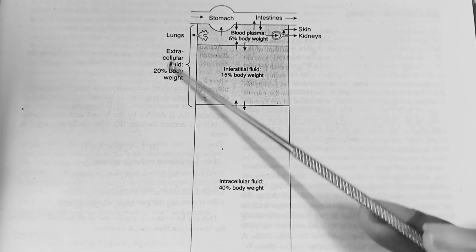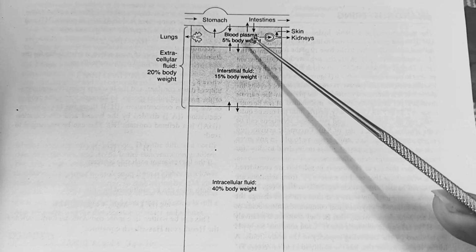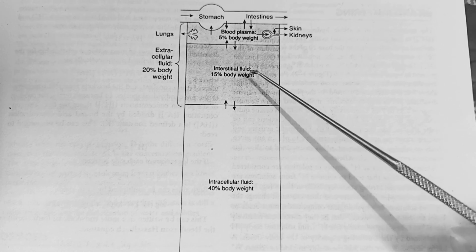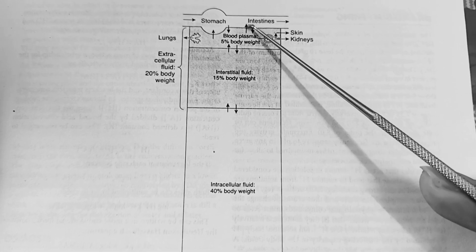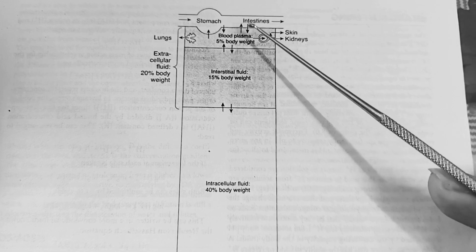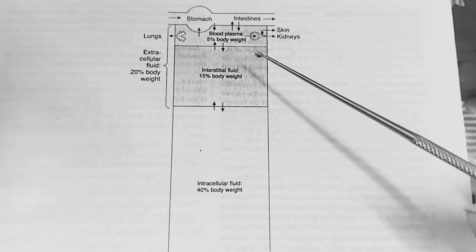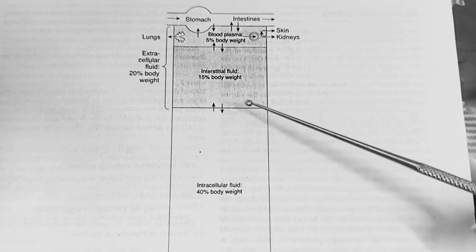This extracellular fluid can be divided into the plasma and the interstitial fluid. The extracellular fluid and the intracellular fluid remain in a state of equilibrium.